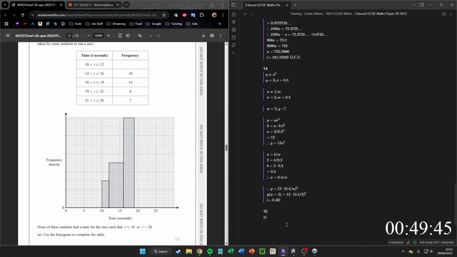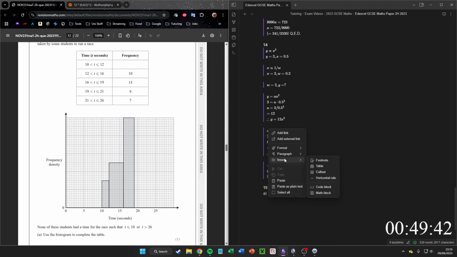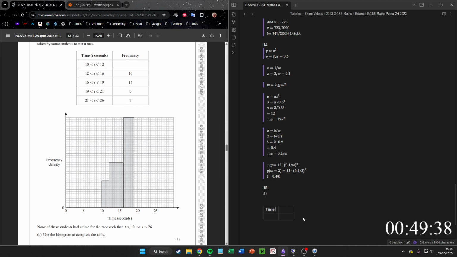So I'm just going to insert a table, and then it's going to be time t seconds and a frequency. So we just need to look at this first interval here, 10 to 12. We don't have frequency density, but we can work out the frequency density. I'll use rho, frequency density.